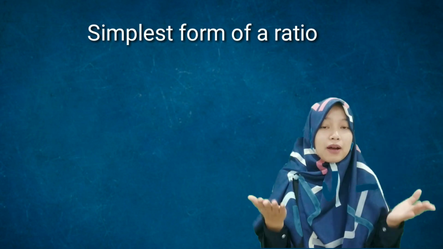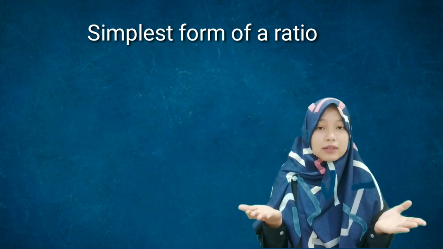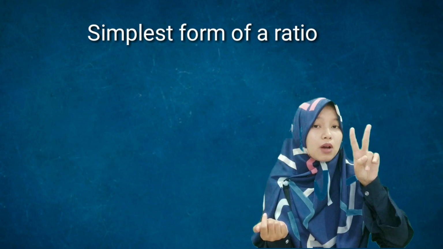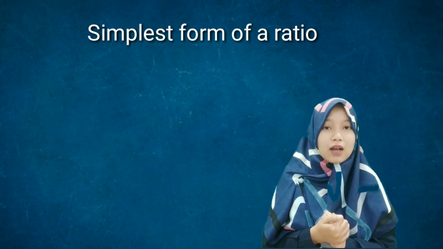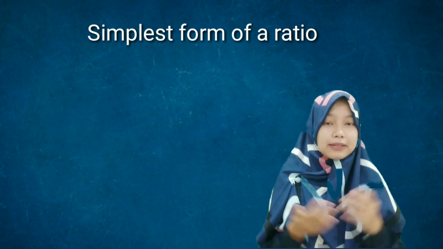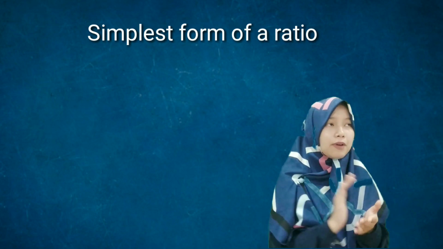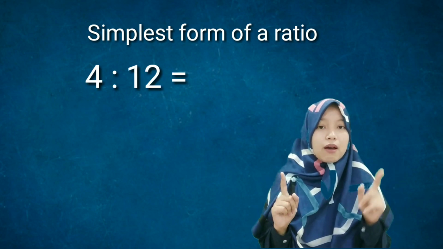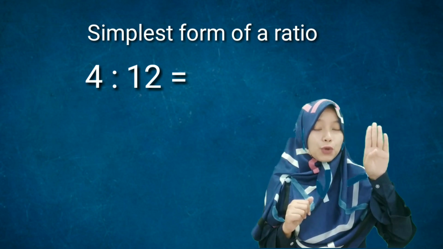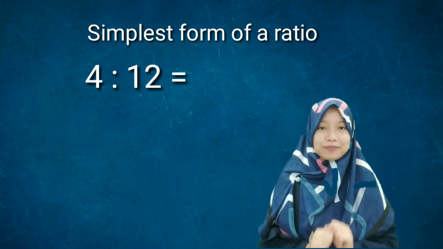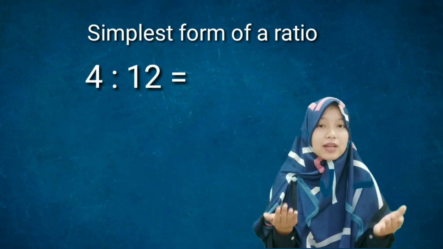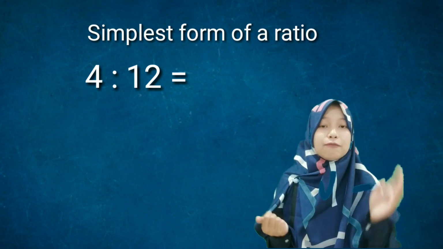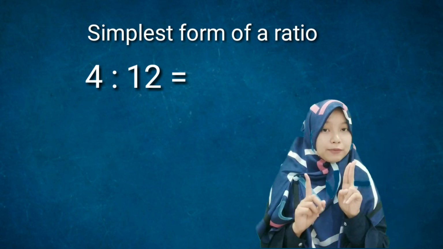We need to find the greatest common factor of the two numbers of the ratio. I will give you an example. Let's find the simplest form of the ratio 4:12. Let's find the greatest common factor of 4 and 12.